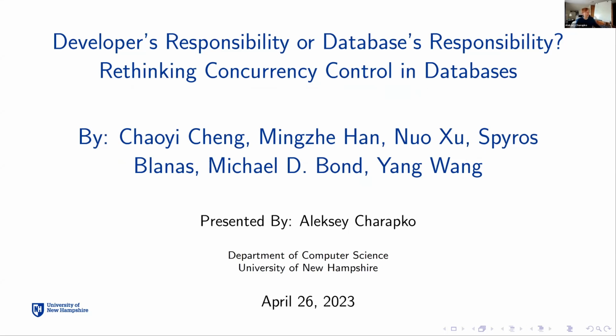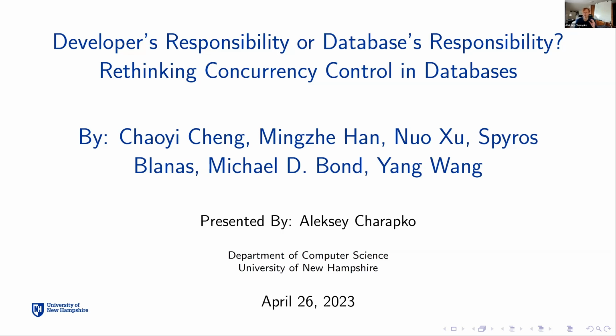Today's paper is "Developers' Responsibility or Database Responsibility? Rethinking Concurrency Control in Databases." What this paper does is more of a study of real concurrency bugs in applications that rely on databases. They look, I believe, at 46 different systems and identified 93 different bugs.